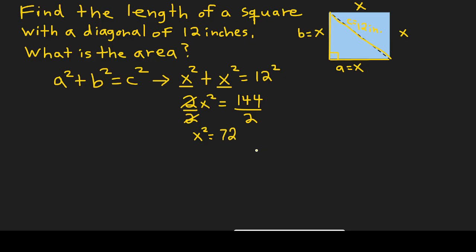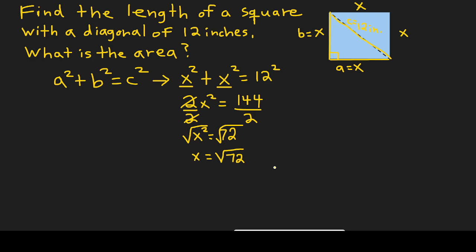Now to get the x by itself, we need to get rid of the x squared, so we've got to square root both sides. So the square root of x squared will just give us x, and that equals the square root of 72.